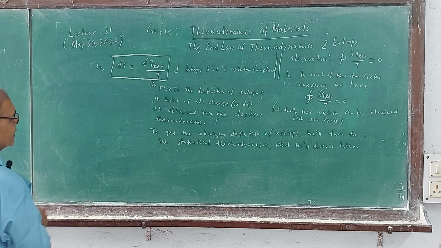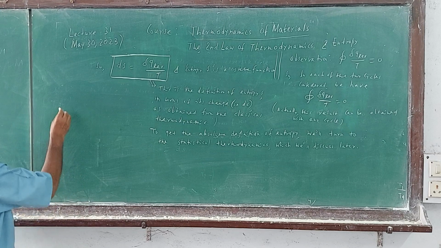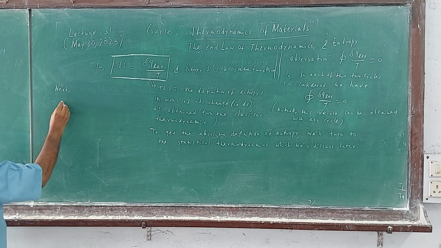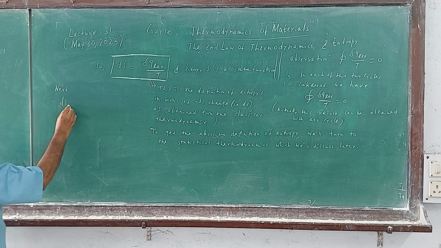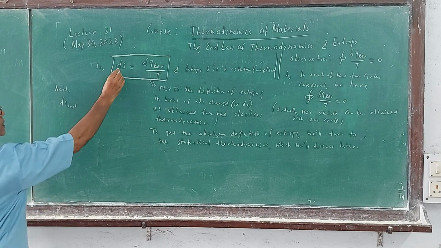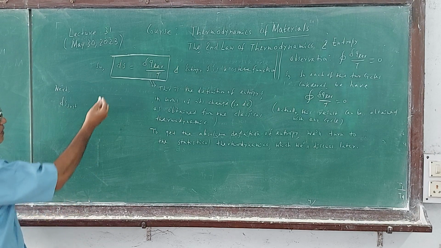Next, start here. Now we consider this. Next, note this. dS system. dS system is what? Follow. This is dS system, dT system, dP system.